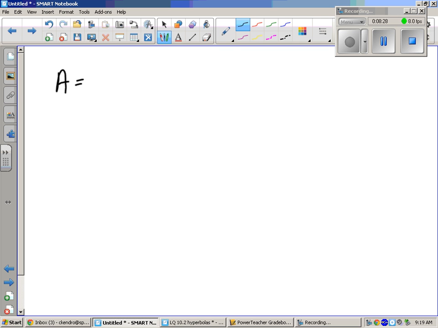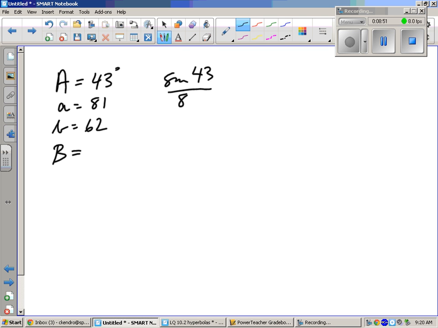So angle A is 43 degrees, little a is 81, and little b is 62. Let's start off by using the law of sines, because I have 3 out of the 4 pieces here. I could find angle B by using the law of sines. So sine of 43 over 81 equals the sine of B over 62.